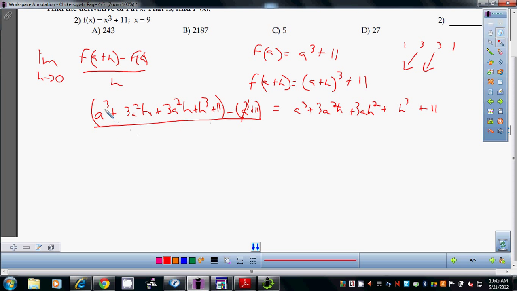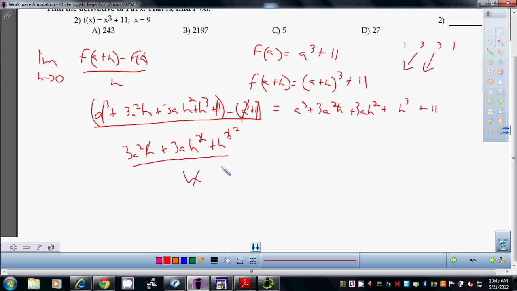So the a cubes cancel, the 11s cancel, leaving you with 3a squared h plus 3ah squared plus h cubed all over h. And h cancels on all of them, leaving you with 3a squared plus 3ah plus h squared.